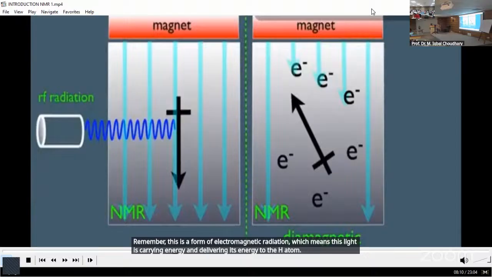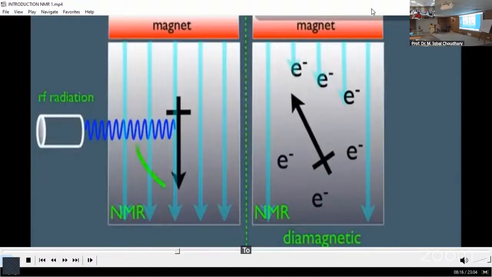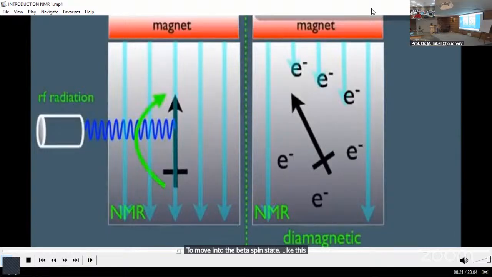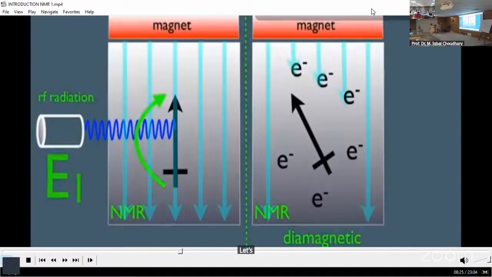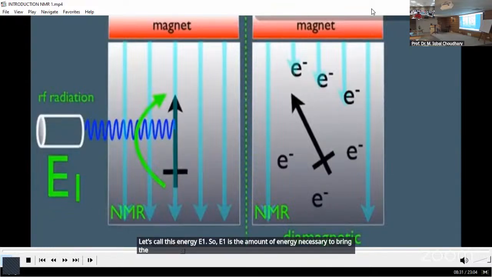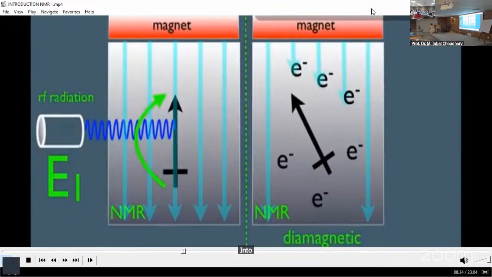What can possibly happen here is that the light energy could give this H atom enough energy to move into the beta spin state like this, which remember is the higher energy position. Let's call this energy E1. So E1 is the amount of energy necessary to bring the left H atom into the beta spin state.